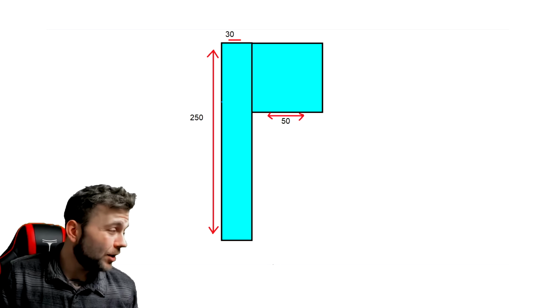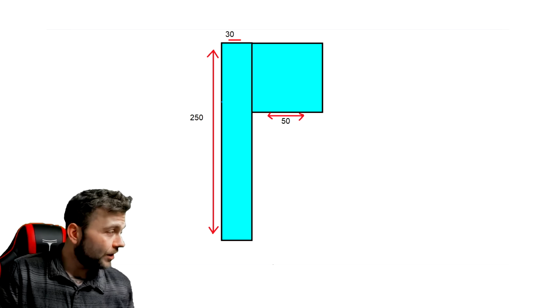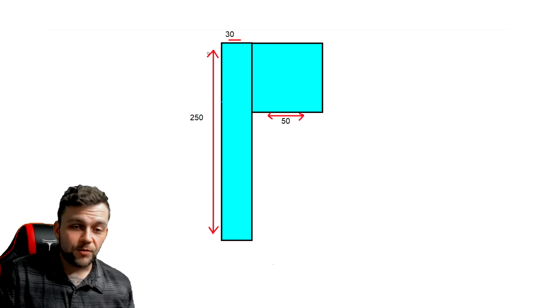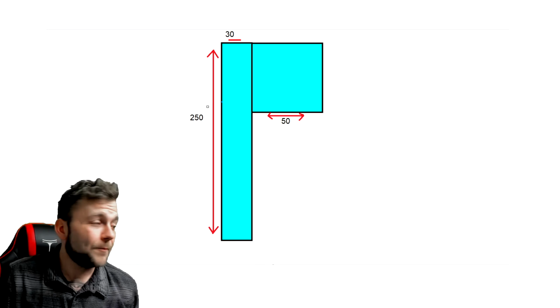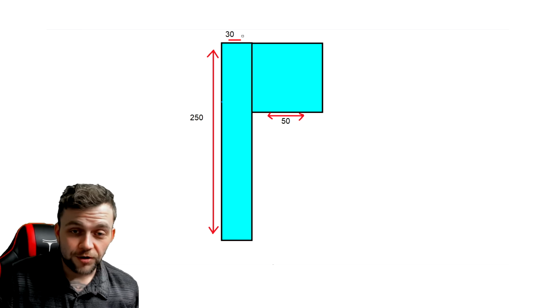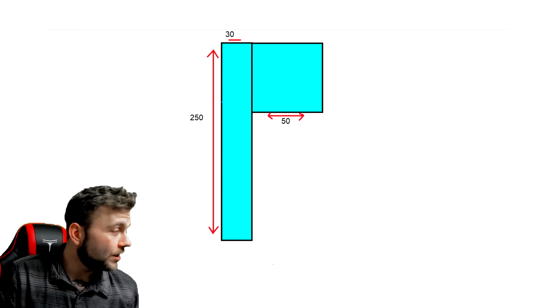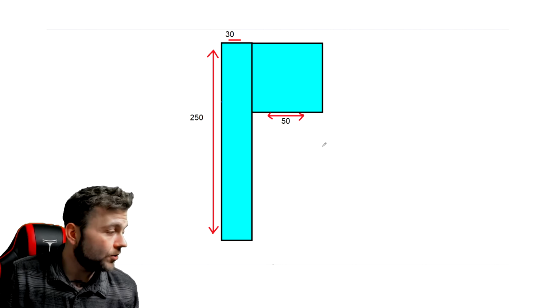Our first shape that we have here is this long one over here, right? Let's see if I can get a good pointer out. Yeah. So we have this side over here that's 250. We'll just call it 250 inches. Okay. So 250 inches by 30 inches wide. So we're going to write down 250 times 30.